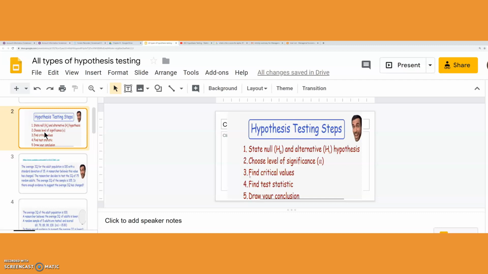Then we're going to go through the calculation of the z-score if it is a normal distribution, or the test statistic based on the distribution, any of those four that I mentioned: the t, the z, the p, or the chi-square. Then we're going to draw the conclusion based on whether we accepted or rejected the null hypothesis. We normally don't use the word accept, but we're going to use it to make it easier for us to come to the conclusion very quickly.